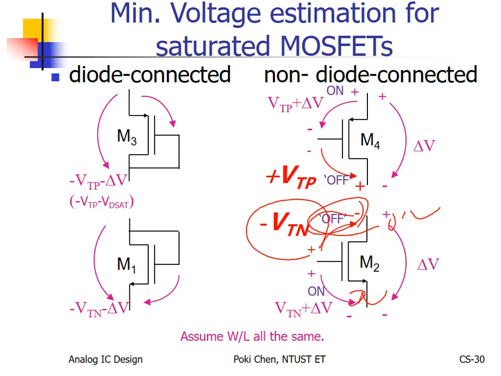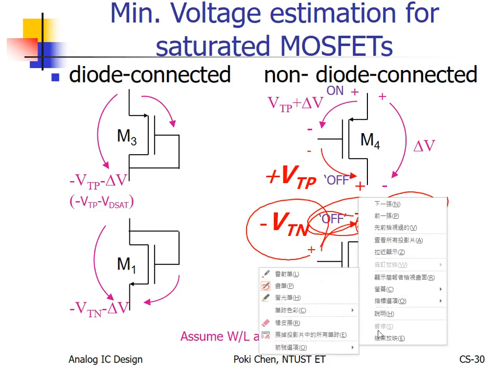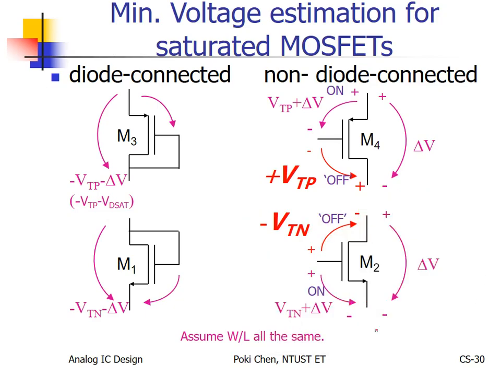So what is the minimum voltage the drain can have to make the MOSFET operate in the saturation region? It cannot be one VTH lower than your gate, so the minimum is one VTH lower. But according to the source, the gate is one VTH and one delta V higher.